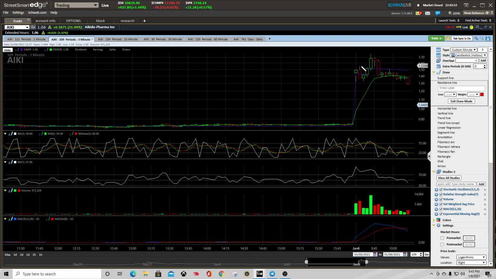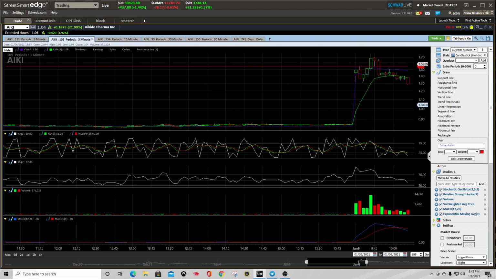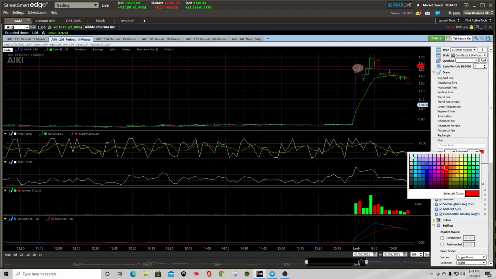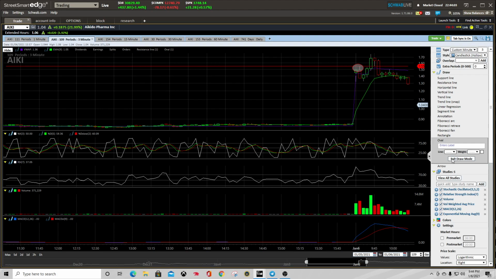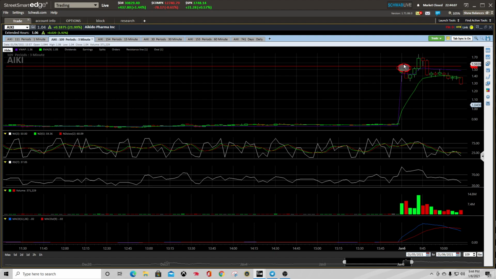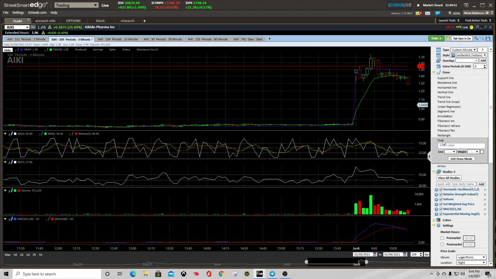So you draw a line right there at 155. I want it in white. Okay, there we go. Now, that's our initial morning high right there.